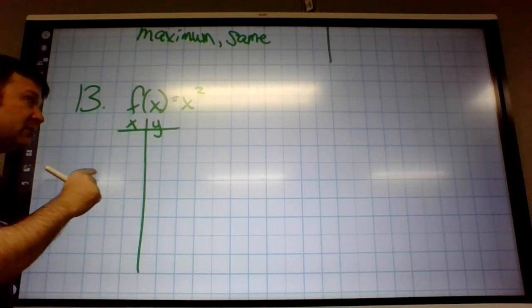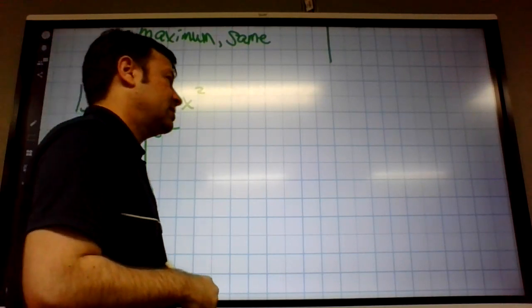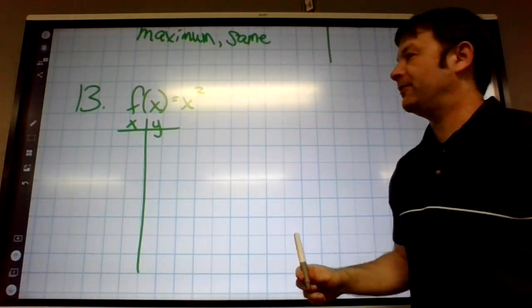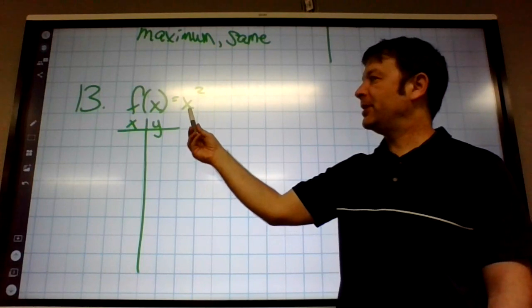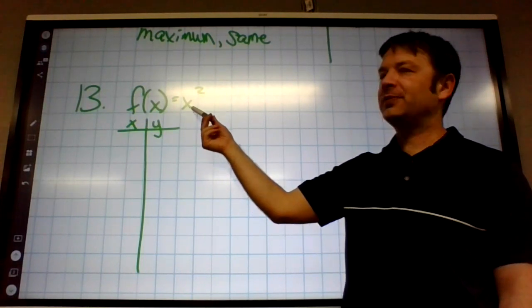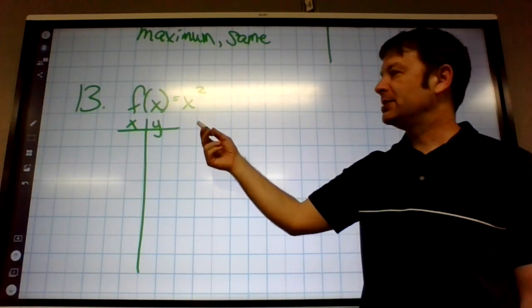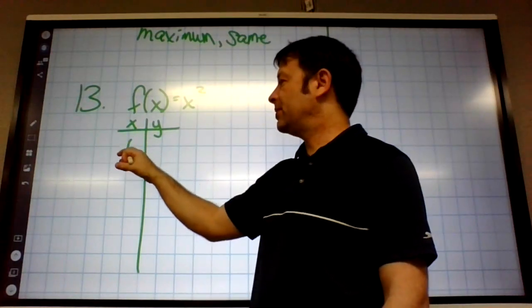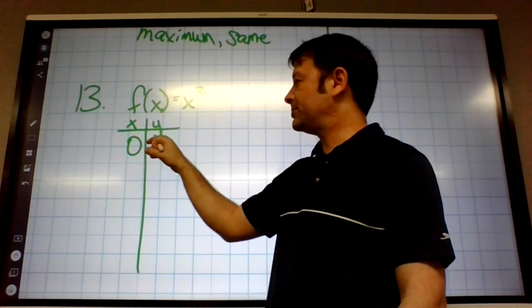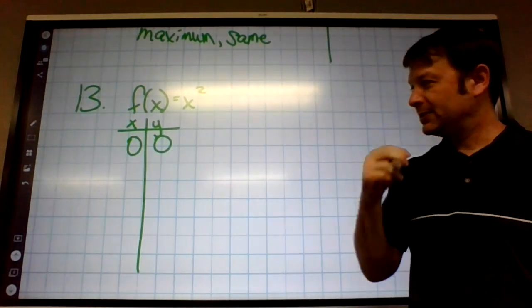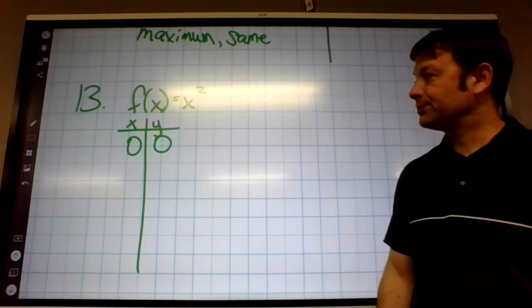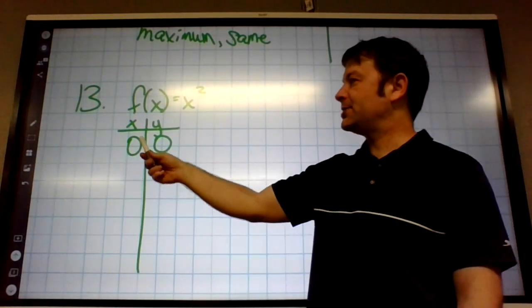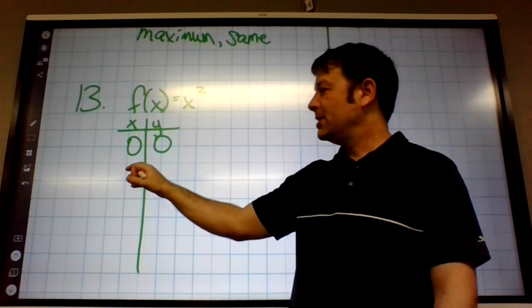Let's start by identifying where the vertex is. So if it's just y equals x squared, where's the vertex going to be? 0, 0. So I'll start off with the vertex. When you plug in x is 0, you get 0 for y as well.